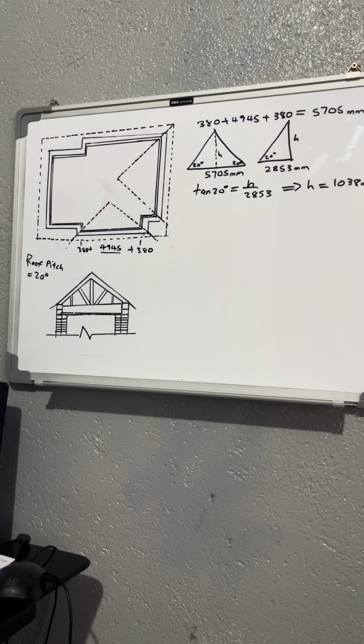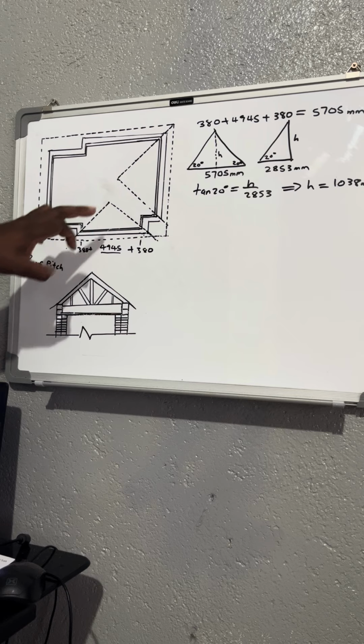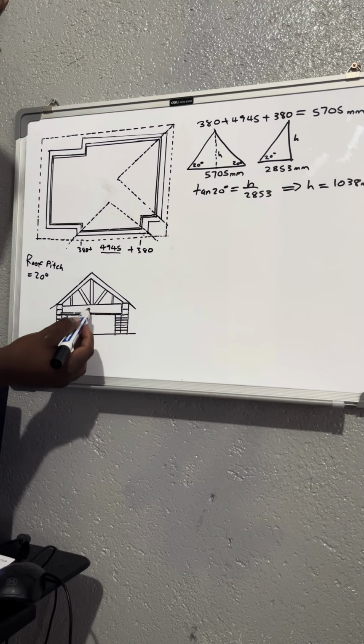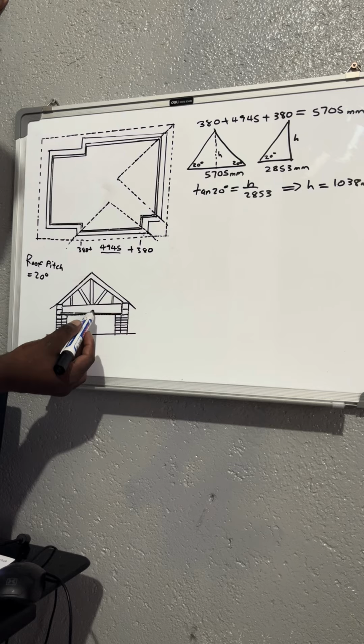Now we come to the crucial part. As I said, I've tried to throw in an example. This is not related to this drawing, but I've tried to draw a detailed one so that I can explain this. Don't mind the thickness.